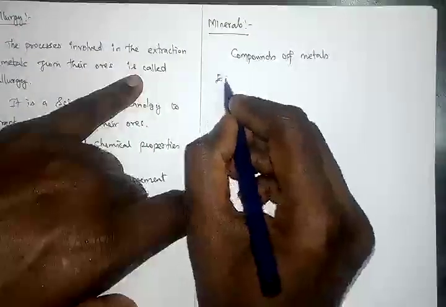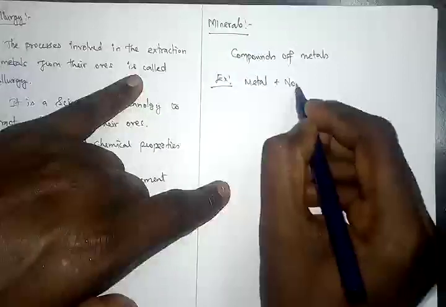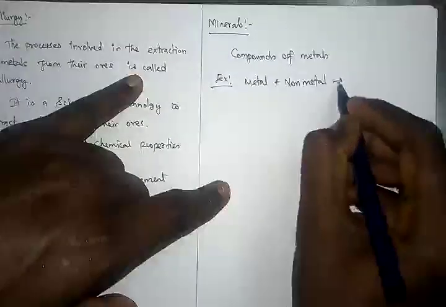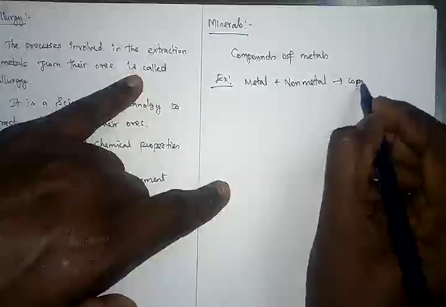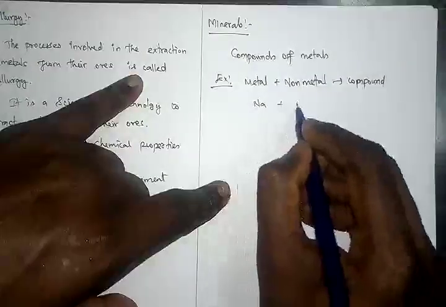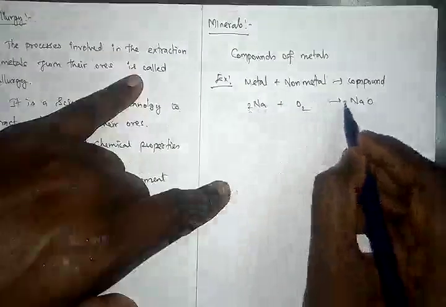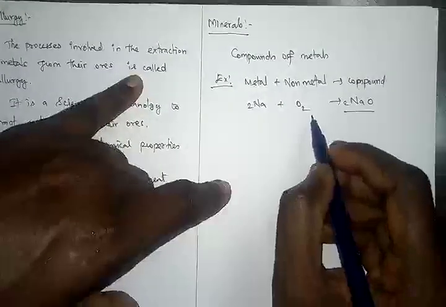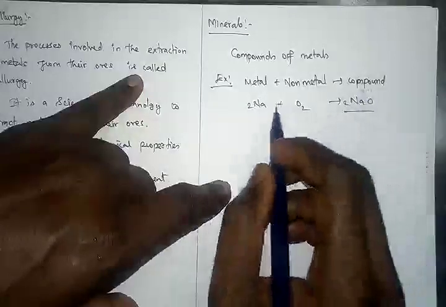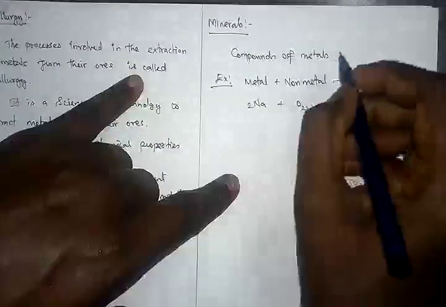For example, we know that a metal plus non-metal will form a compound. Let us take an example. Sodium plus oxygen will form sodium oxide. So it is a compound. Sodium oxide is a compound because it's made up of two different elements. So minerals are nothing but compounds of metals.